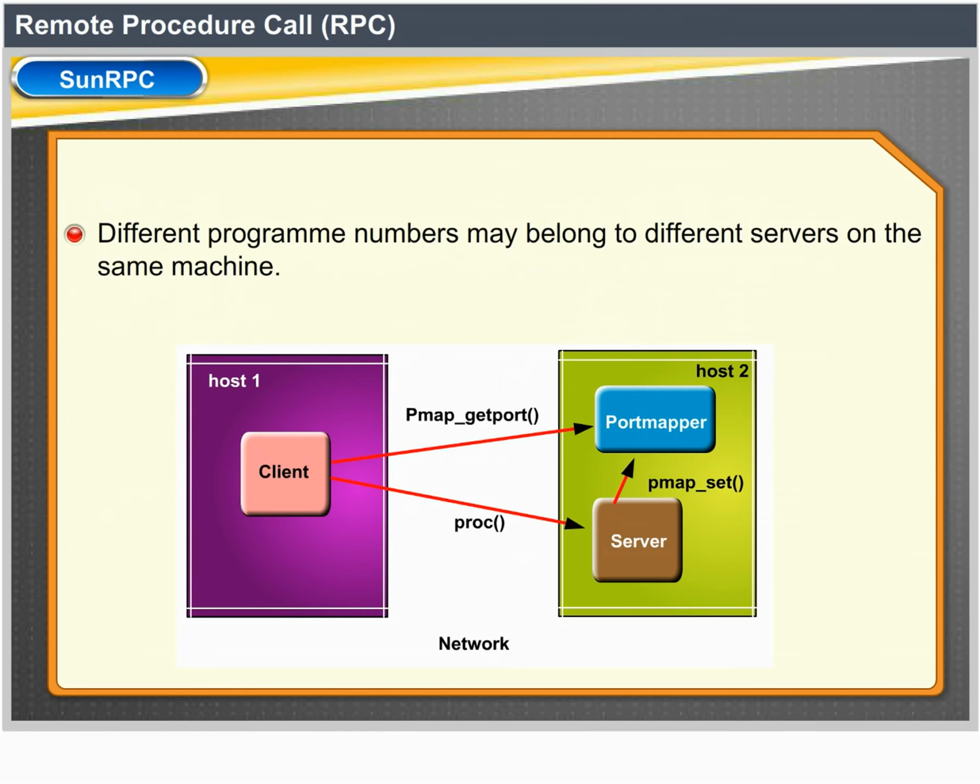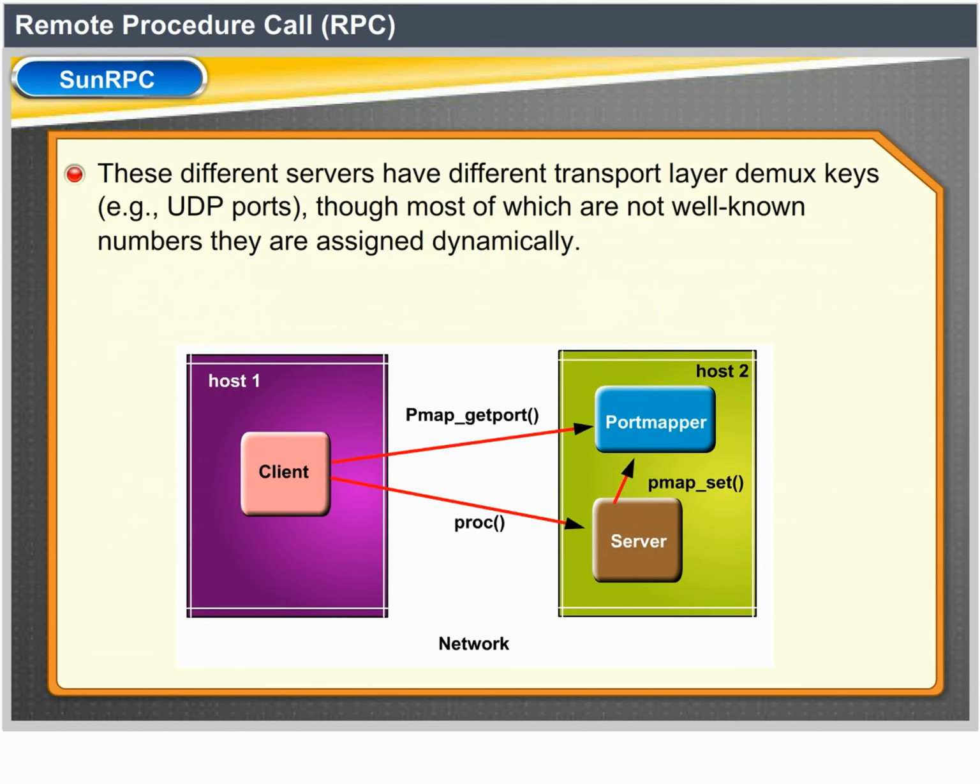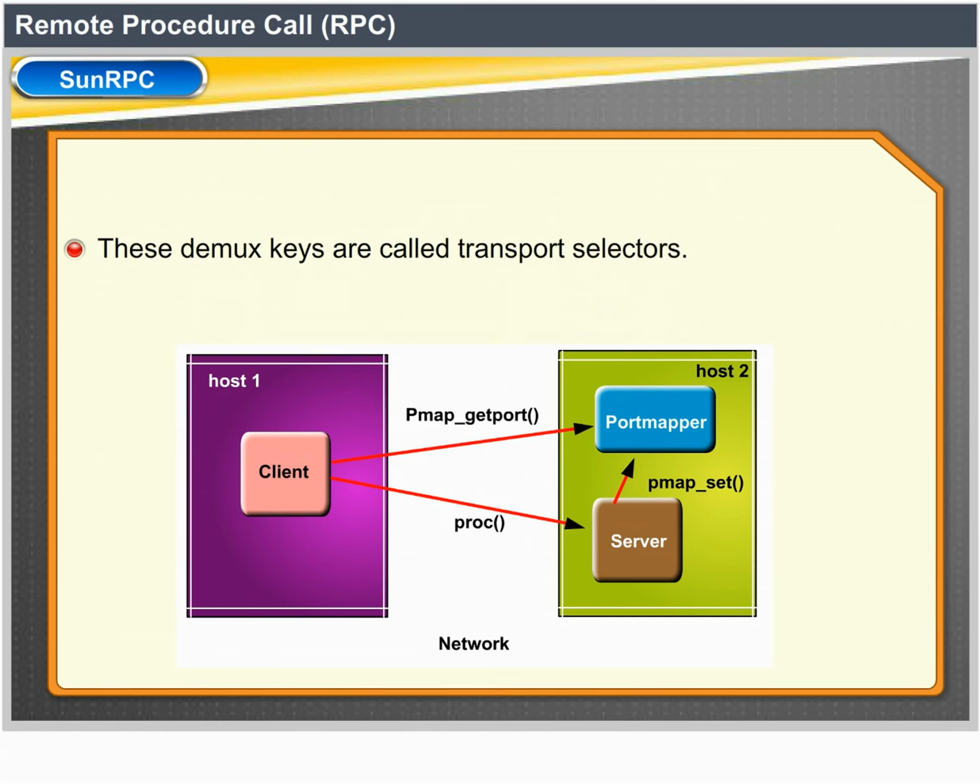Different program numbers may belong to different servers on the same machine. These different servers have different transport layer demux keys, for example UDP ports, most of which are not well-known numbers but instead are assigned dynamically. These demux keys are called transport selectors.